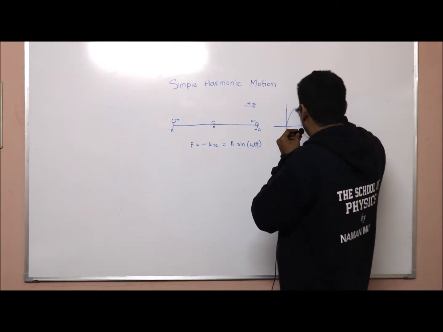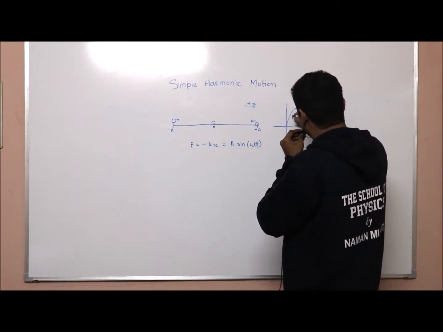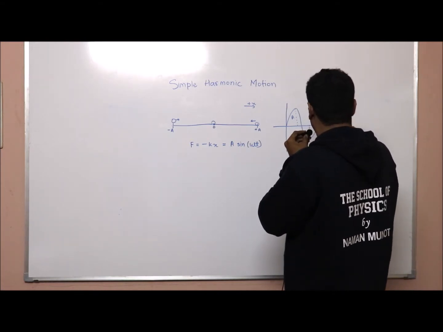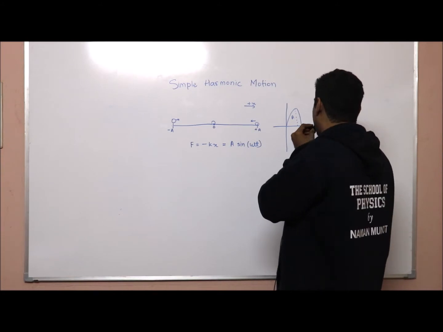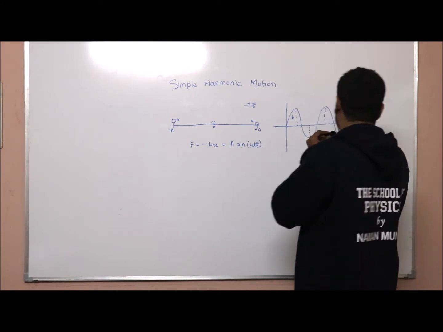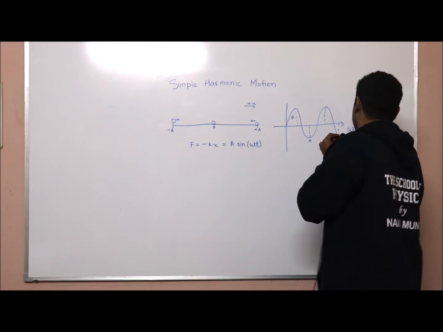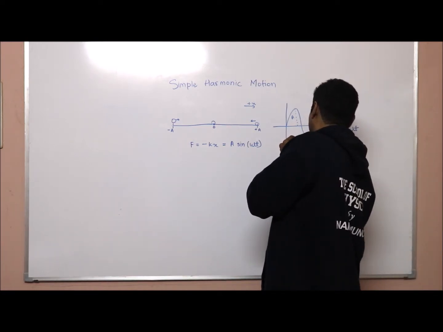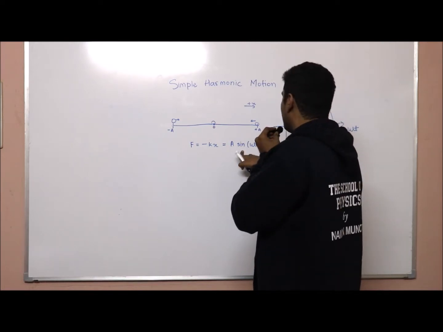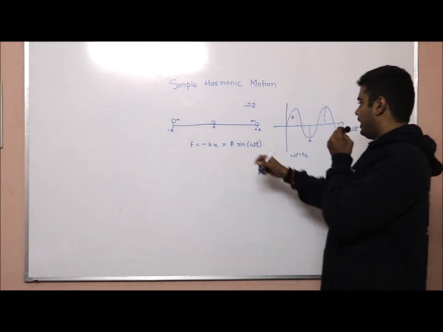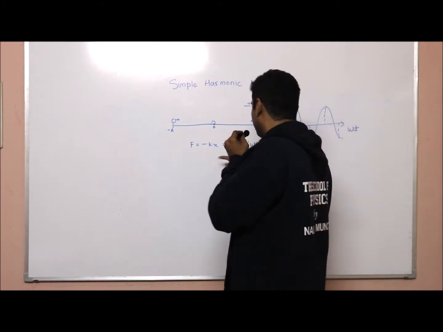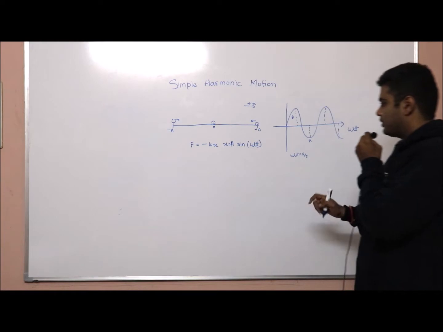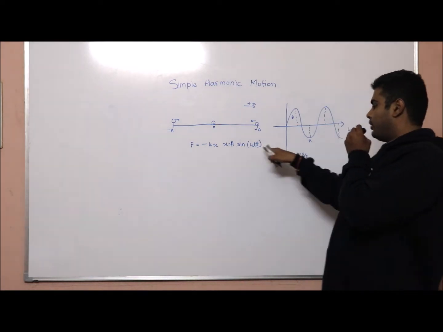This is positive A, this is negative A, then again positive A and negative A, and these angles are omega t. When omega t is equal to pi by 2, A sine omega t will be equal to A. So this is not the force equation, this is the position equation: x is equal to A sine omega t.